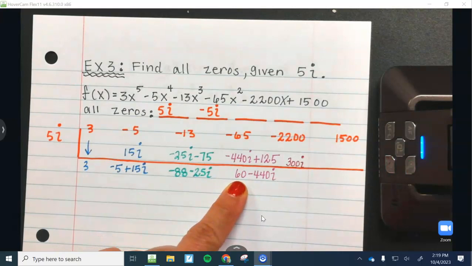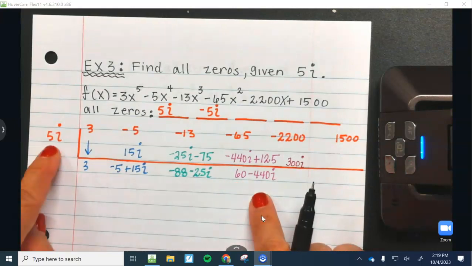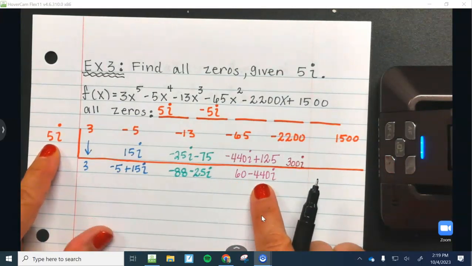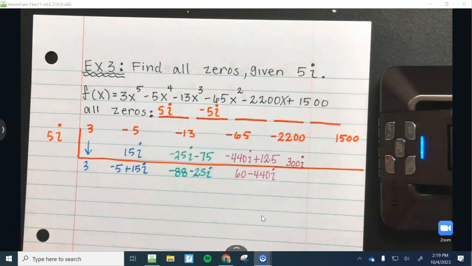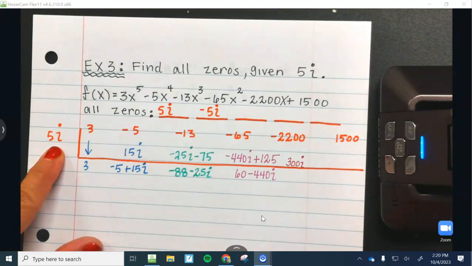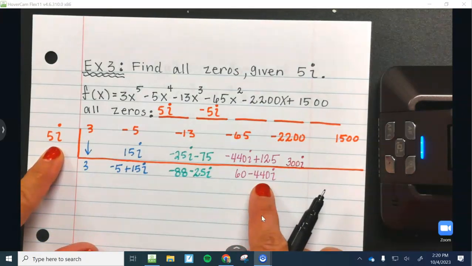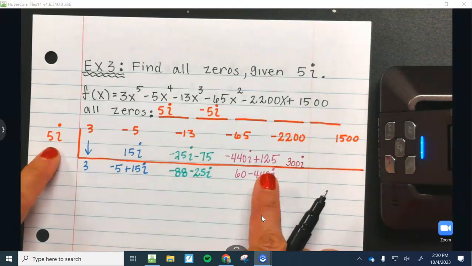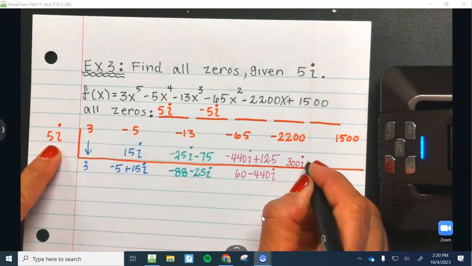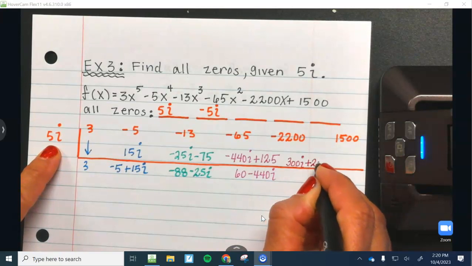All right, here we go. I'm going to tell you what this is. I'm your human calculator. 5 times 440 is 2200. 5i times negative 440i is positive 2200. These two multiplied together is a positive 2200.